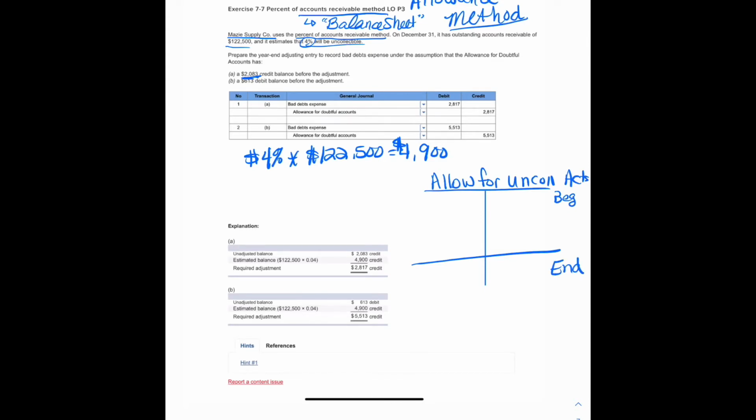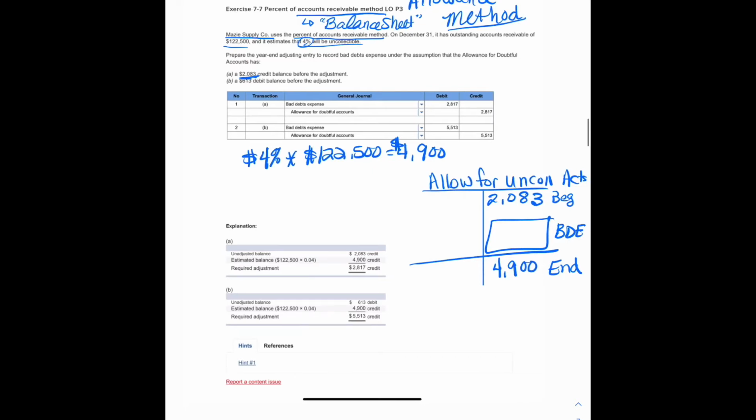In this case, that ending balance is going to be $4,900. So now for assumption A, I'm told my beginning balance is $2,083. So what we want to see is how much in bad debt expense needs to be recorded to bring this allowance for uncollectible accounts all the way up to $4,900.